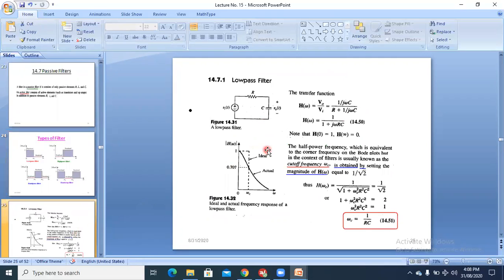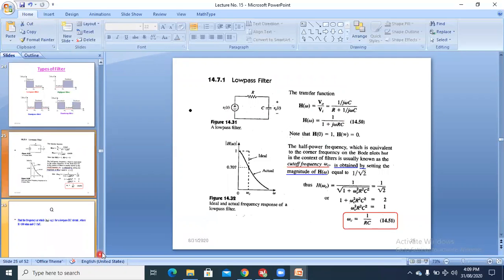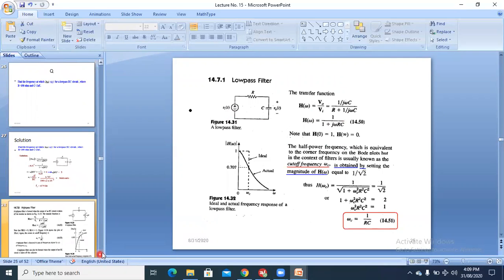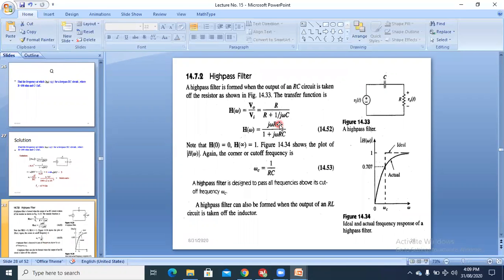In the very first example, we saw the case of RC circuits in which we take the output from the capacitor and apply the input to the RC circuit. We have seen that the frequency response of this is 1 over 1 plus j omega RC, and the cutoff frequency is 1 by RC. We have already learned about this. The next thing is that the high pass filter is the one where we take the output across the resistor instead of the capacitor.